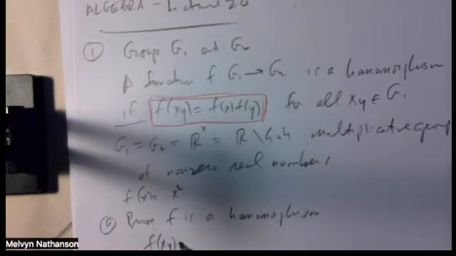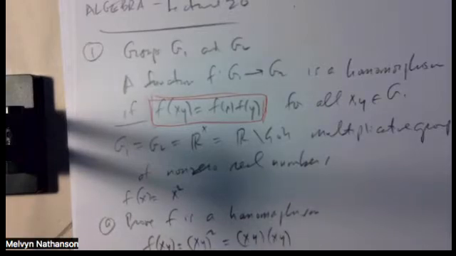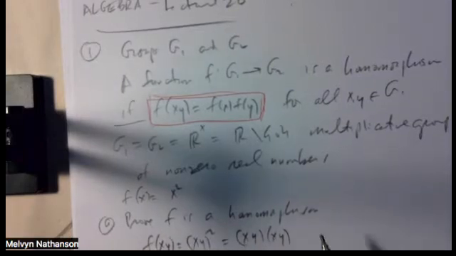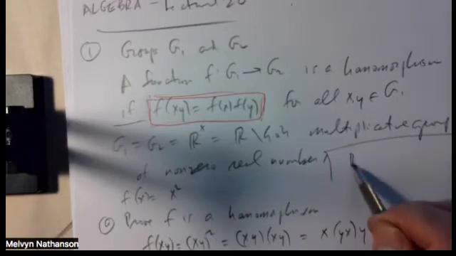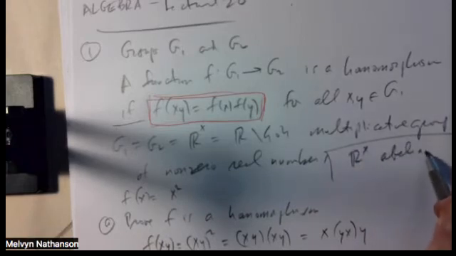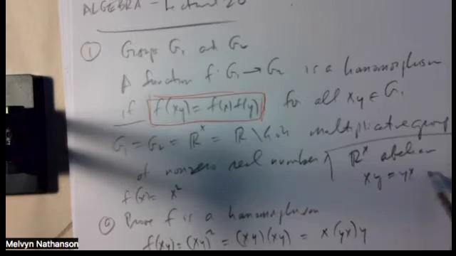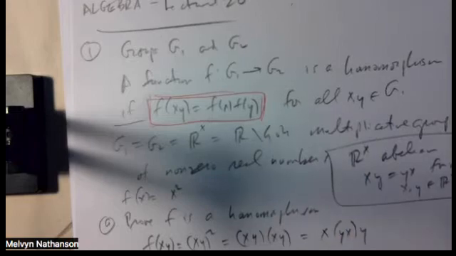So what is f of xy? It's xy squared. What does it mean when you square a number? You multiply it by itself. By associativity, this is the same as x times y, x times y. I didn't rearrange the order, I just bracketed the terms differently. But our group is abelian. R star is abelian. That means xy equals yx for all x and y in the group.